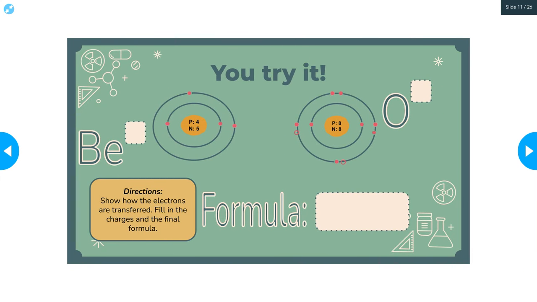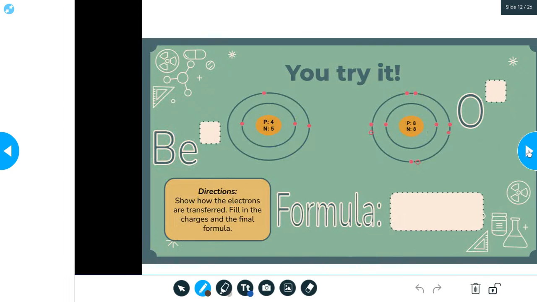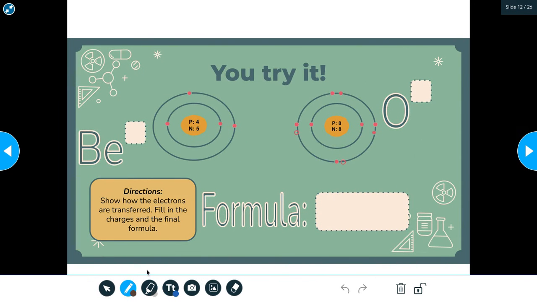The one you're going to do, you actually go on to the next slide that looks like this, and use your marker tool. It's this one down here at the bottom.